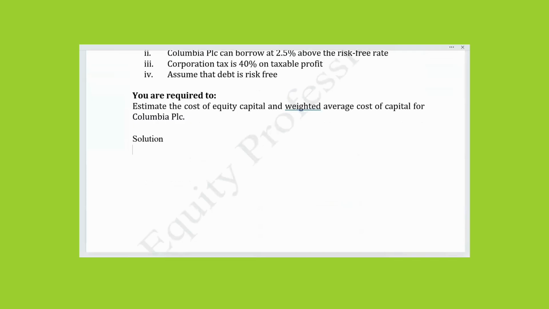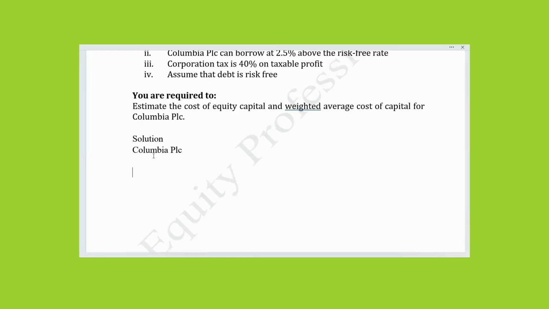The name of the company is Columbia PLC, right? An examiner is asking you to calculate cost of equity and WACC. Don't waste your time calculating any cost of equity separately. It simply means you should calculate WACOCA. To get WACOCA, you need to first of all identify the beta of each activity.